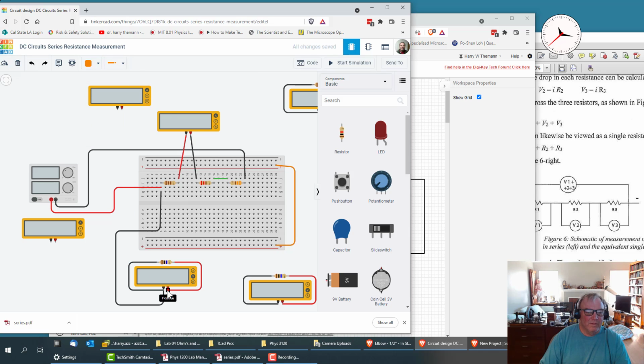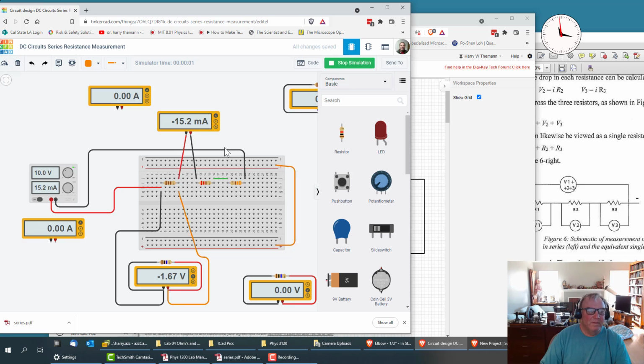The colors are good as when this thing starts getting complicated. It's much easier to troubleshoot an issue. And so now, yep, that's connected and that's connected.